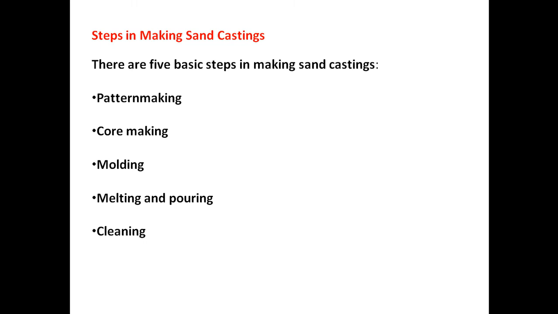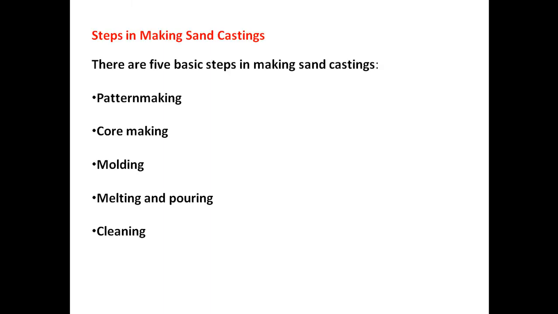Cleaning: finally once it is solidified, you need to clean it, you need to machine it in order to remove any projections. Because it is made in sand, obviously it's not so clean, so we need to clean it. So these are the 5 basic steps we need to do in the sand casting process.